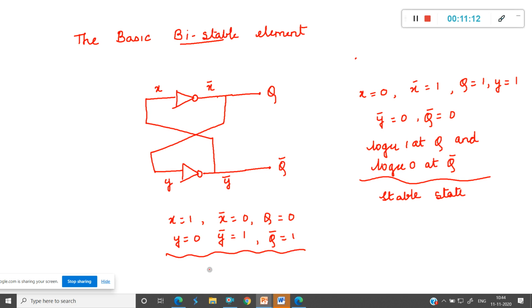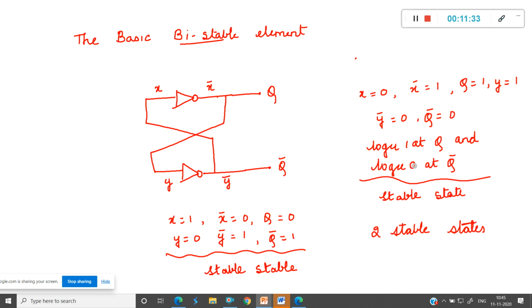This is known as another stable state. So this is the first stable state and this is the second stable state. Totally it is having two stable states.